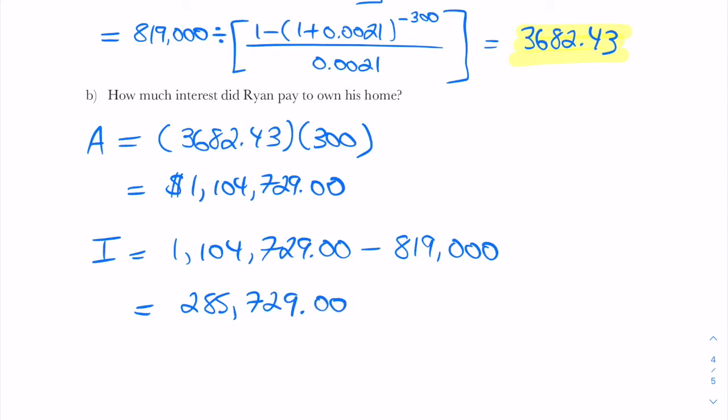Just think about that. You pay an extra almost $300,000 to own a home in Toronto. These numbers are fairly realistic. Just think about what you can do with an extra $300,000. Food for thought, shall we say?